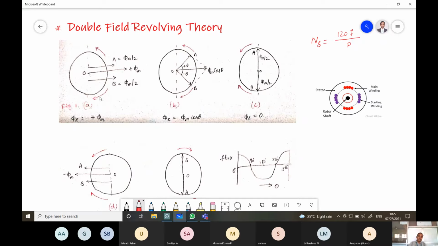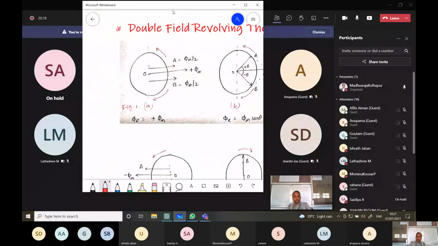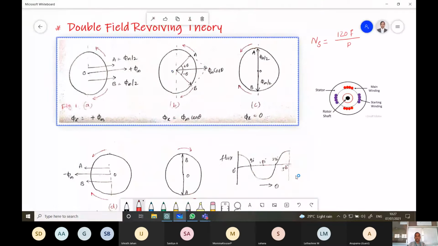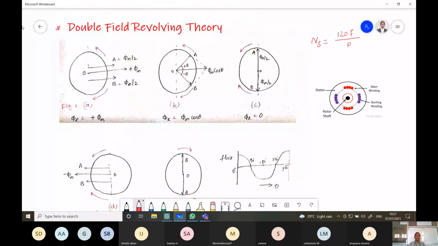Okay. So let me consider now figure A. In that figure A, the alternating flux has a maximum value of flux phi m.